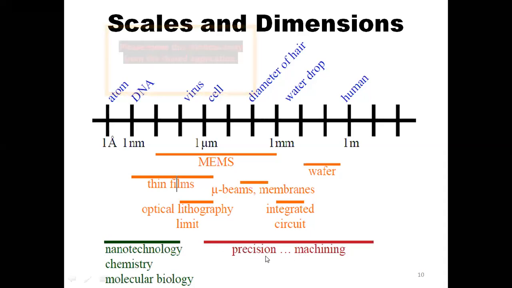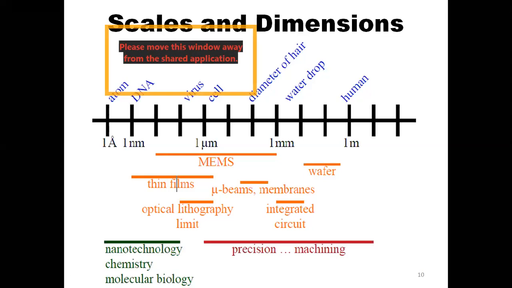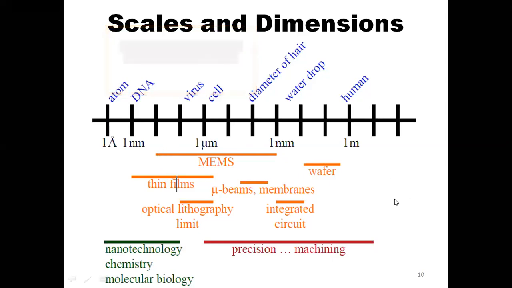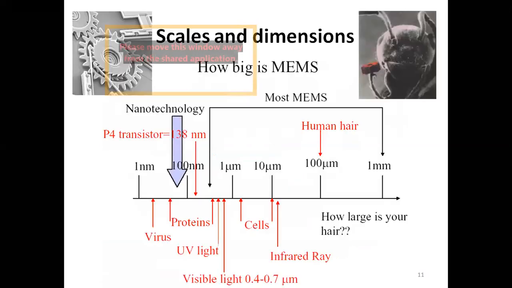Precision machining, by which we mean precision mechanical machining, micro drilling, EDM, electric discharge machining. Its range is from 1 micrometer to a few meters. By this slide you would see where the MEMS people are working, in which scale, or how small we are producing the devices.